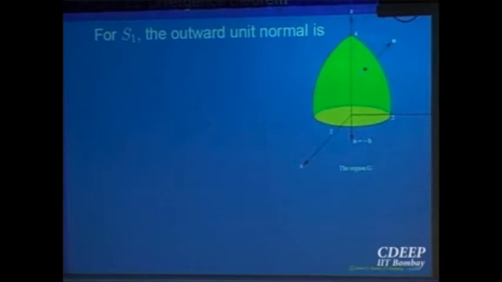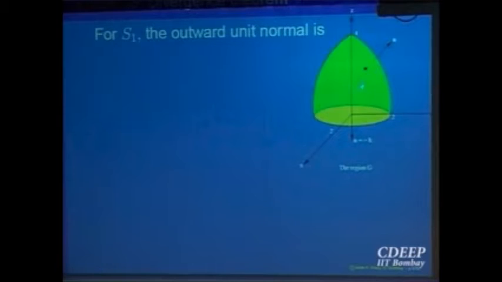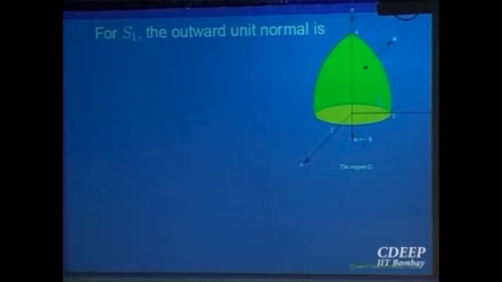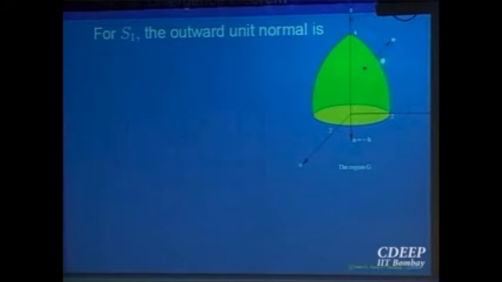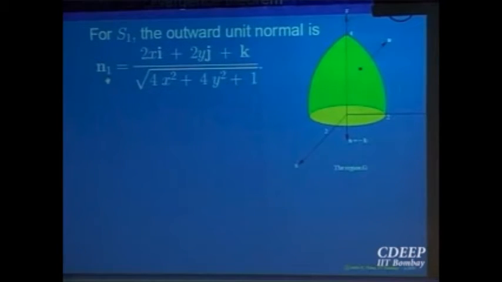Here we will be picking up the normal which has positive k component always, because geometry says that the outward normal will have positive k component. So calculate the normal here, calculate F dot n over the respective surfaces, and compute. So n1, the normal on this surface, is 2x plus 2y plus k. The k component is positive, so this will be the normal chosen.